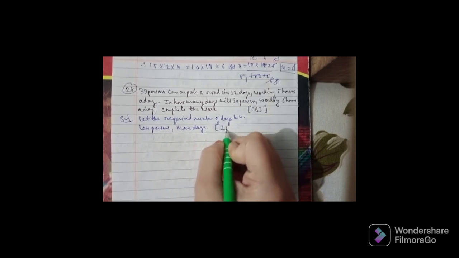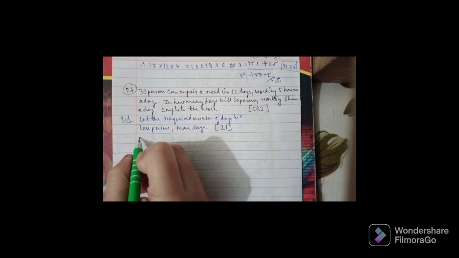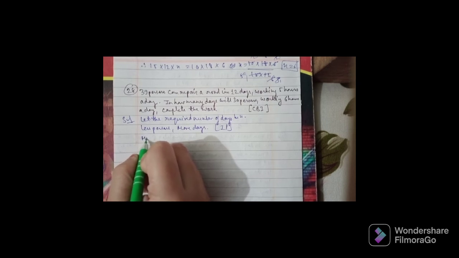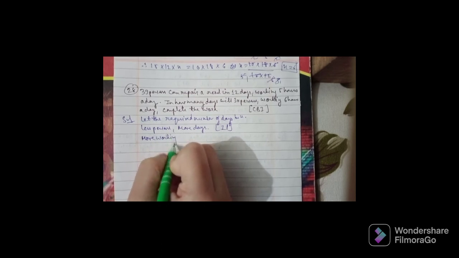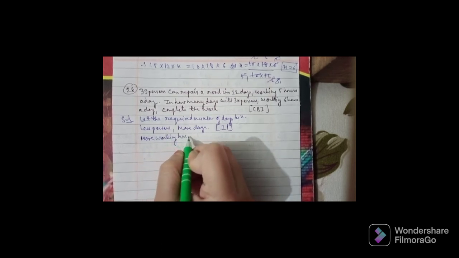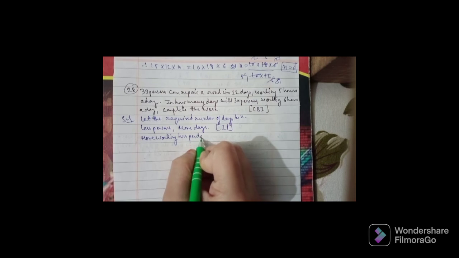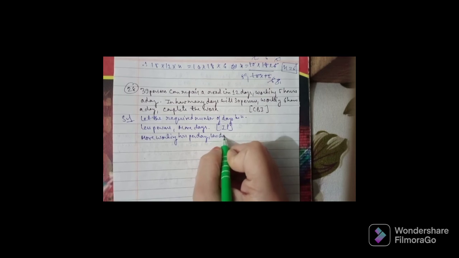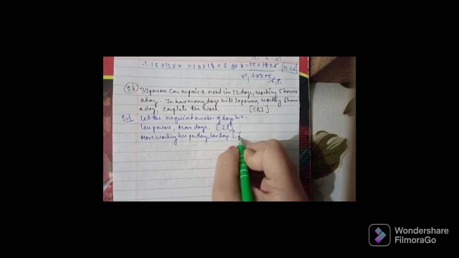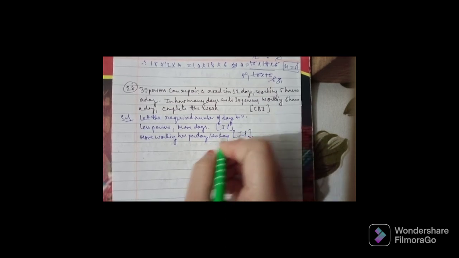This is indirect proportion. Another: more working hours per day, less days. This is also indirect proportion.